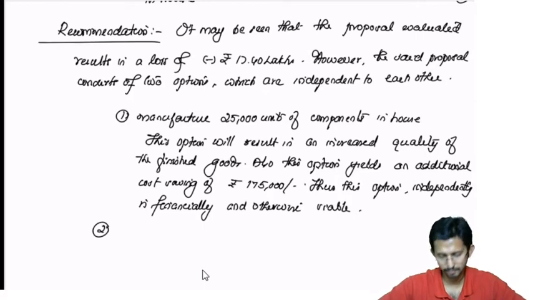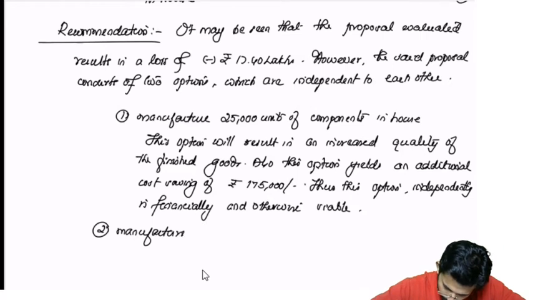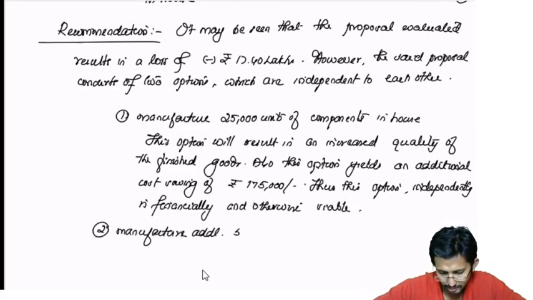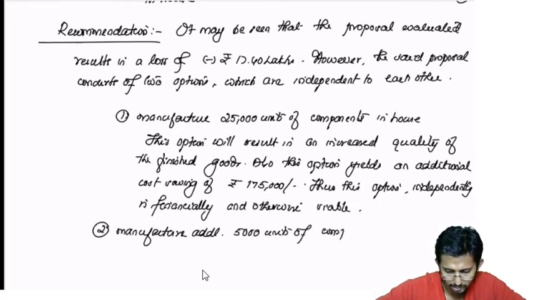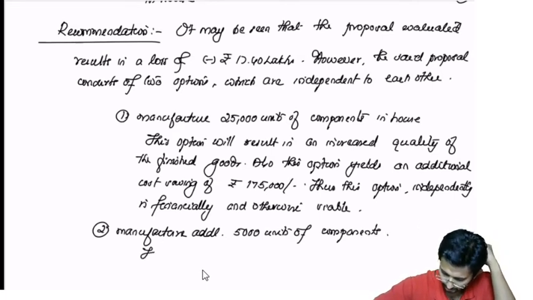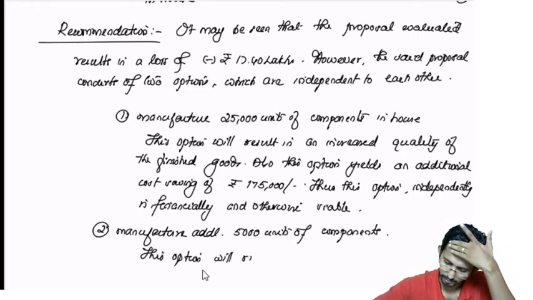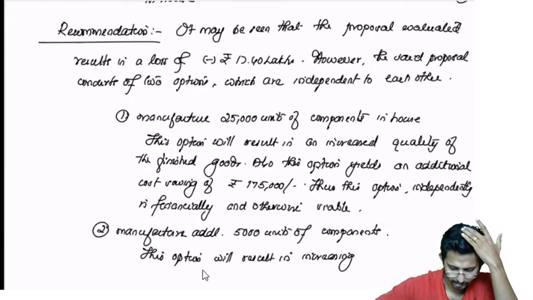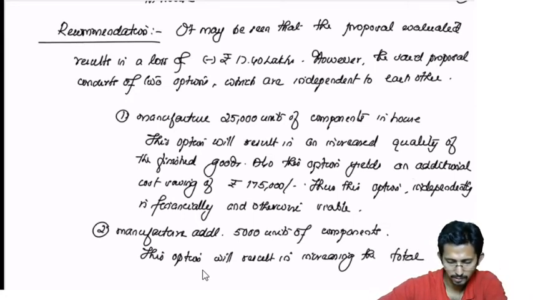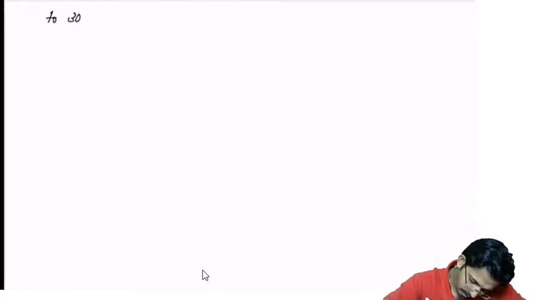Second option is manufacture additional 5,000 units of components. What's happening here? This option will result in increasing the total production to 30,000.